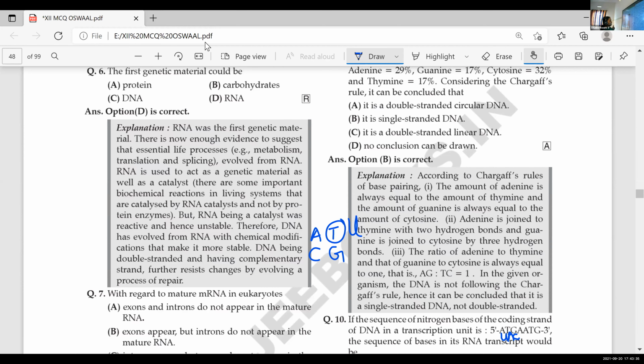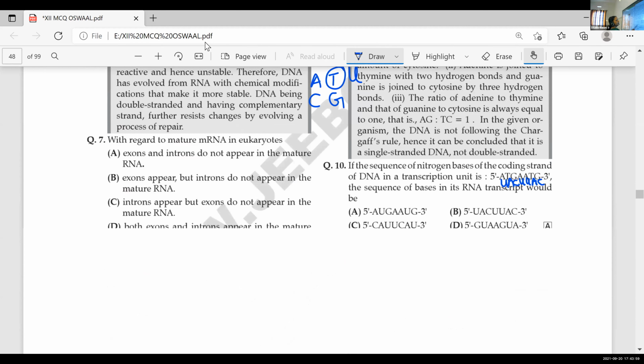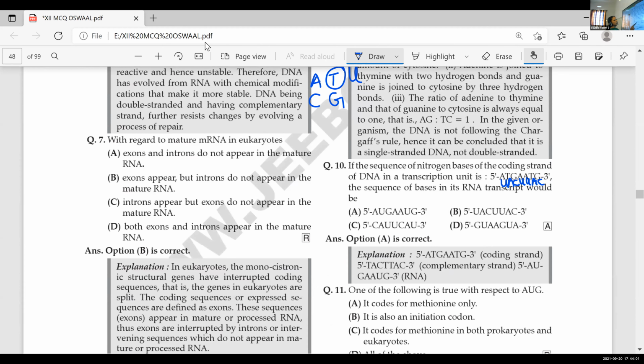Now A, T, G. Tell me the complementary one. U. I don't know why you are taking so much time to think. U, A, C. A, C, C. And the direction? U, A, C, U, U, A, C.